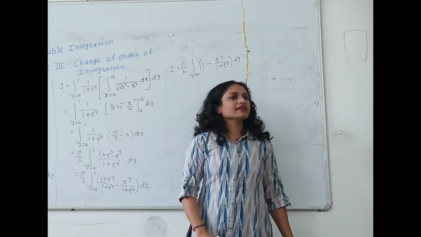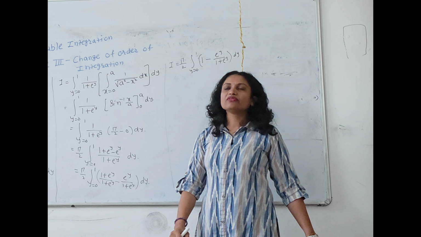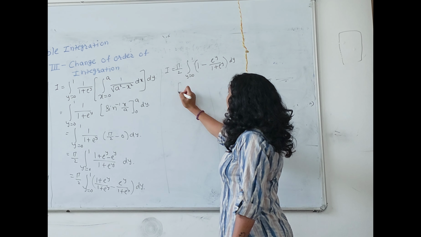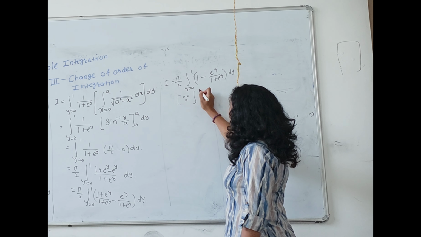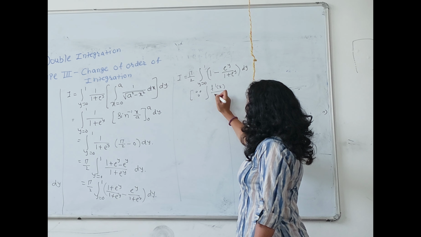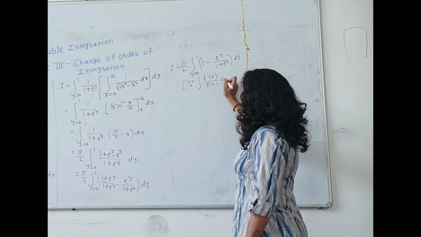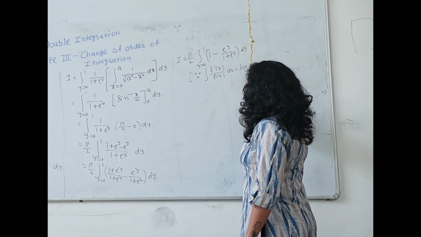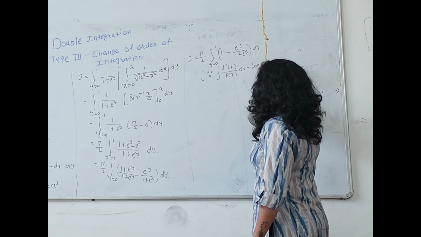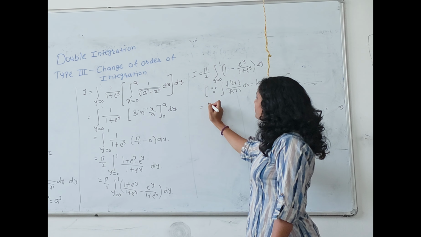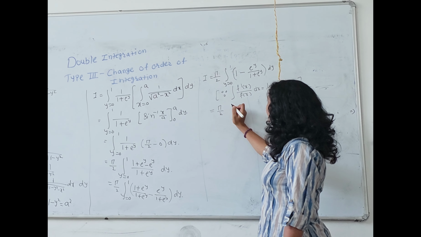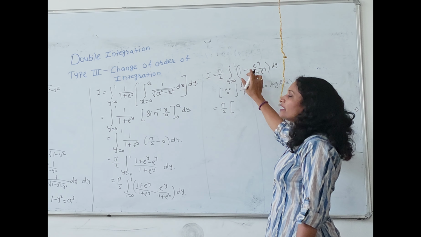Very easy integration, if you know the formula of integration. Integration of f dash of x upon f of x is equals to what? Log of f of x. So let's use that formula here for the second term. So what is integration of 1 with respect to y?